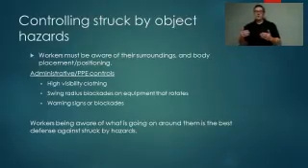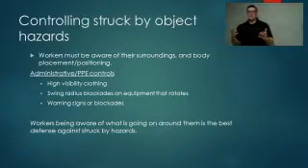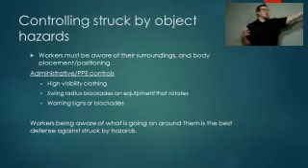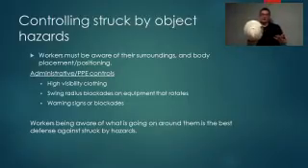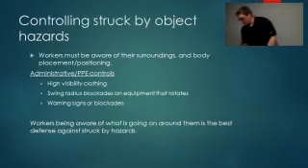There are a few administrative and PPE controls that are the primary ones that are used for controlling struck by object incidents. One of those being things as simple as hard hats. Hard hats protect the head, obviously, from falling objects, which would fall under a struck by incident.